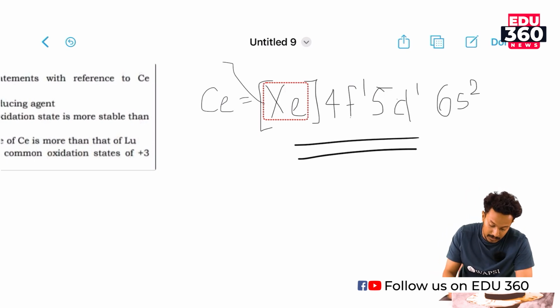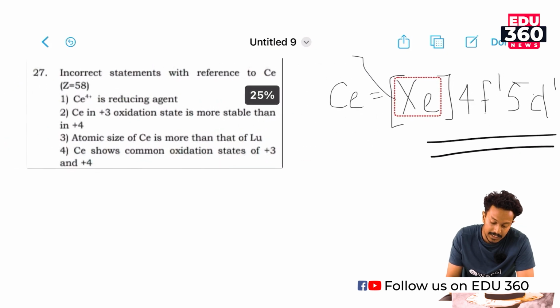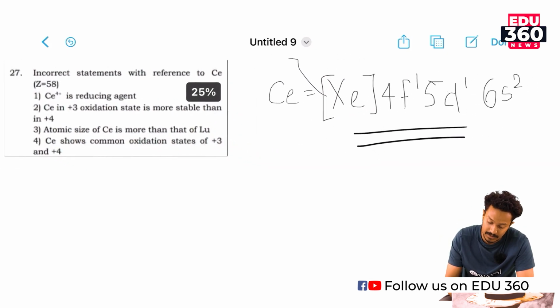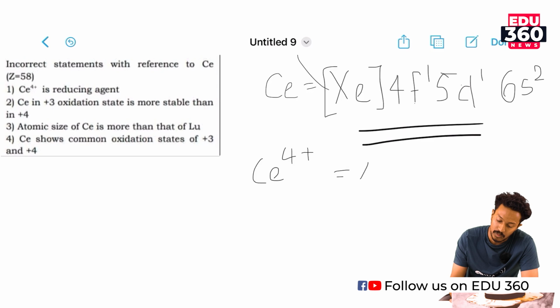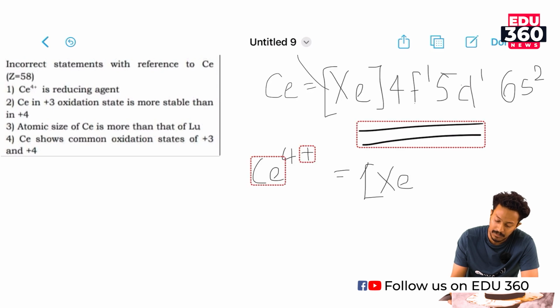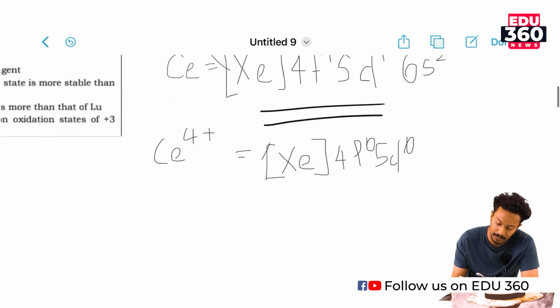Here the first option is Ce4+ is a reducing agent. For Ce4+, the configuration is xenon 4f0, 5d0, 6s0.